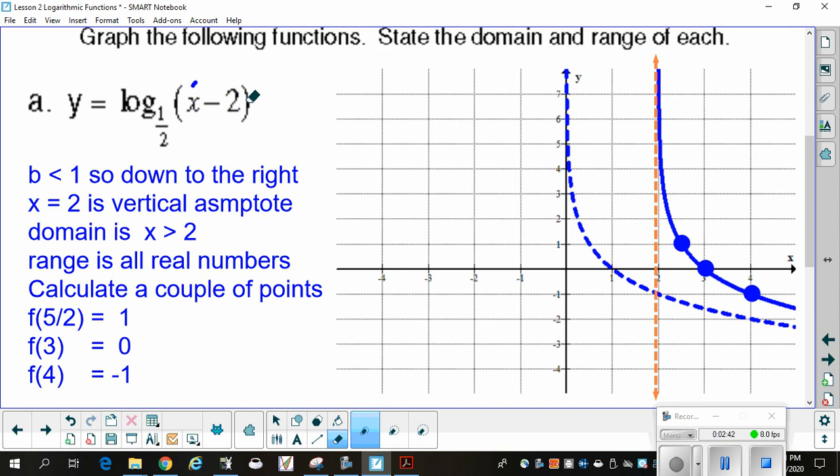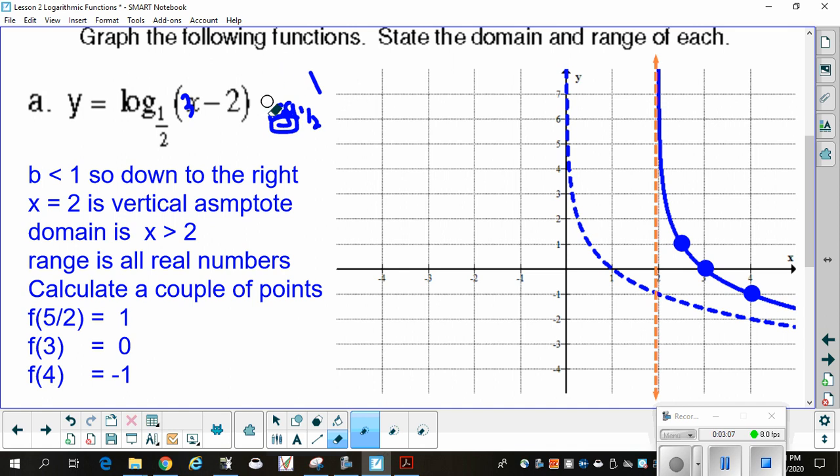Next up is the next one. If I plug in the value 3, well, 3 minus 2 is 1. So I need log base 1/2 of 1. What exponent do I put on 1/2 to get 1? That's 0. Okay?